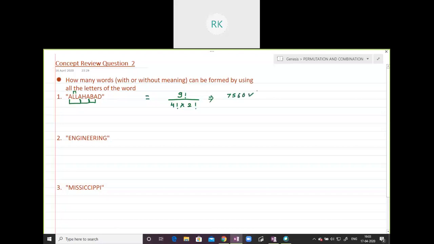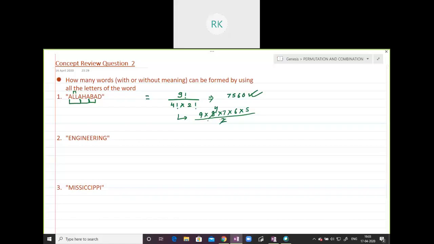7560. Right answer, everybody. It's just a matter of solving here. 9 into 8 into 7 into 6 into 5 and 4 will get cancelled. Divide by 2, isn't it? We'll get the answer. 36 into 7 into 30.